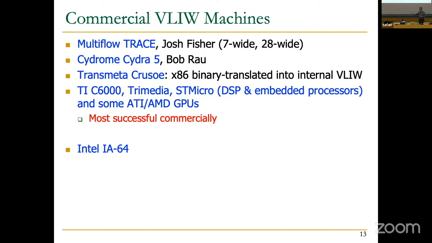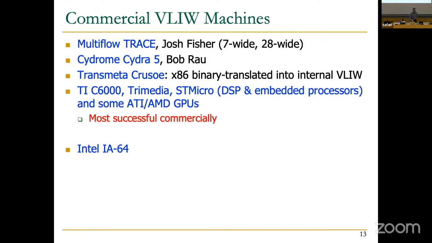Whereas in a general purpose computing device, if people care about performance, you may not care as much about power. I want to get the highest performance, right? But in some of these embedded processors, total power limitations are low, and there's a lot of possibility to get parallelism out of the code using compiler techniques. So most successful machines were these. Even, for example, AMD and ATI GPUs were VLIW, but I'm not sure if they are right now, initially.